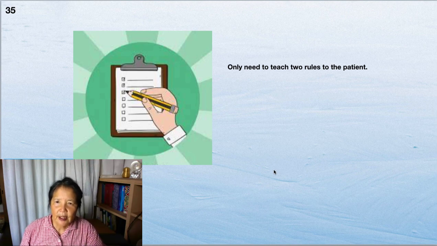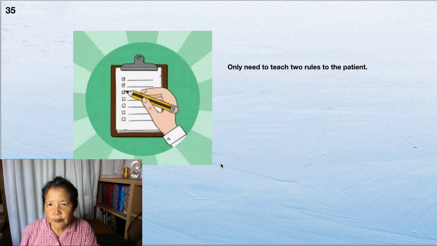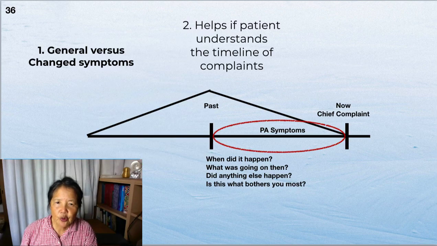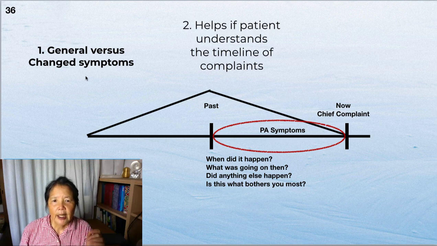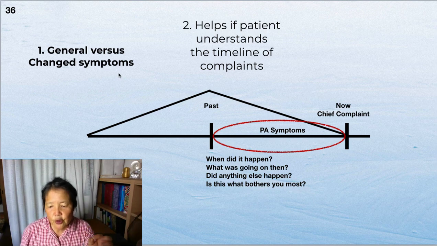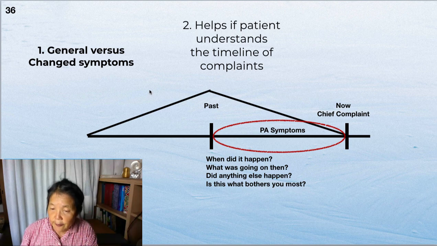To use the questionnaire, there are only really two rules, and generally as I'm asking the questions, I teach this to the patient. You don't really want to use the general symptoms. You definitely want to know the general symptoms from the patient.